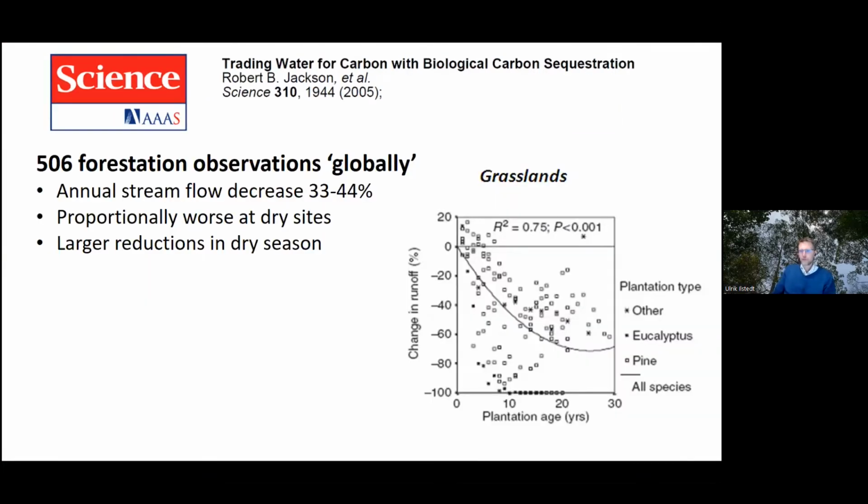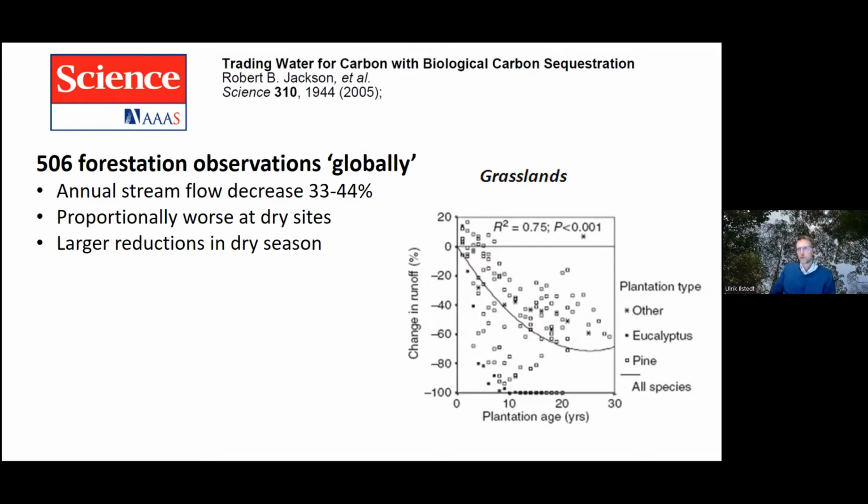And if you go into a little bit more of the details of this publication, they investigated more than 500 forestation studies, where they also had catchment data, water data from these studies. And the conclusion was that 30–40% of the stream flow in those catchments was lost after these forestations.